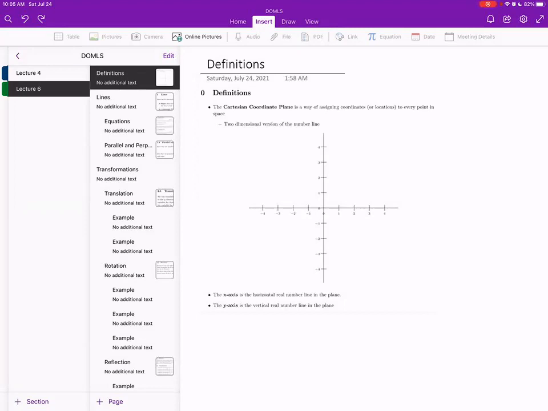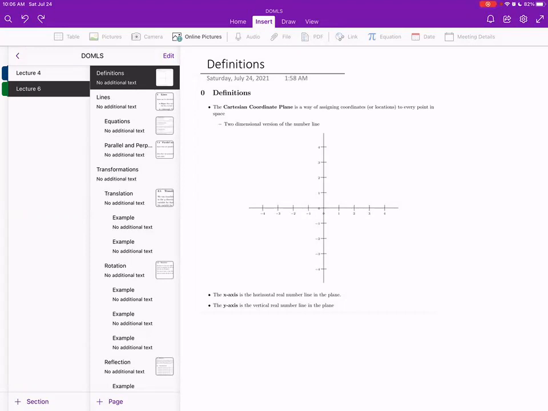To start, we need to know exactly how we're going to assign coordinates. There are many different ways of assigning coordinates to a plane, but the way that we're going to talk about today is using Cartesian coordinates.